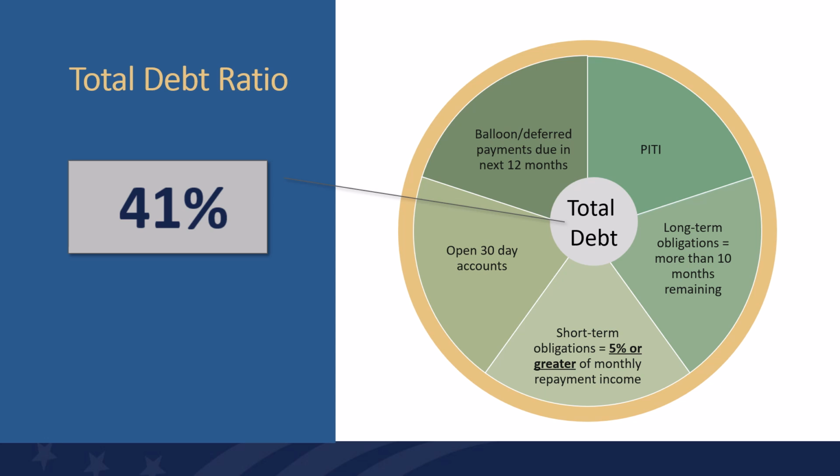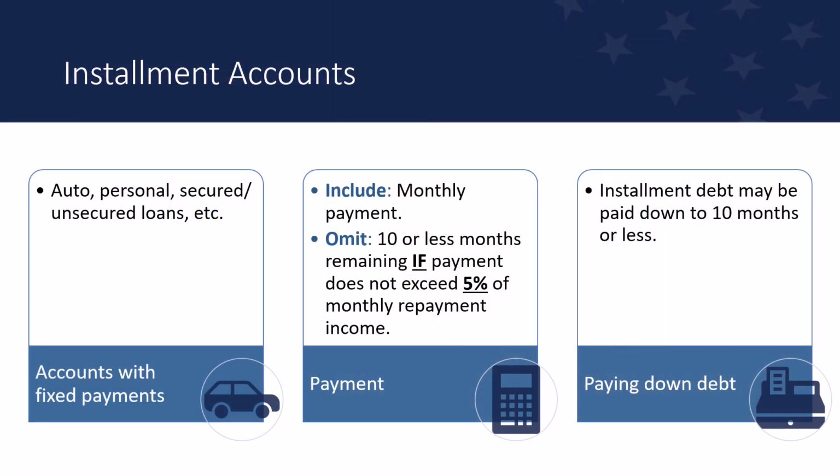The amounts on the credit report will be used unless there is verification for a different payment amount. If a different amount is used, the lender must provide documentation for the amount used and upload the documentation with the final submission to USDA. For accounts with fixed payments such as auto, personal, secured, or unsecured loans, include the monthly payment.